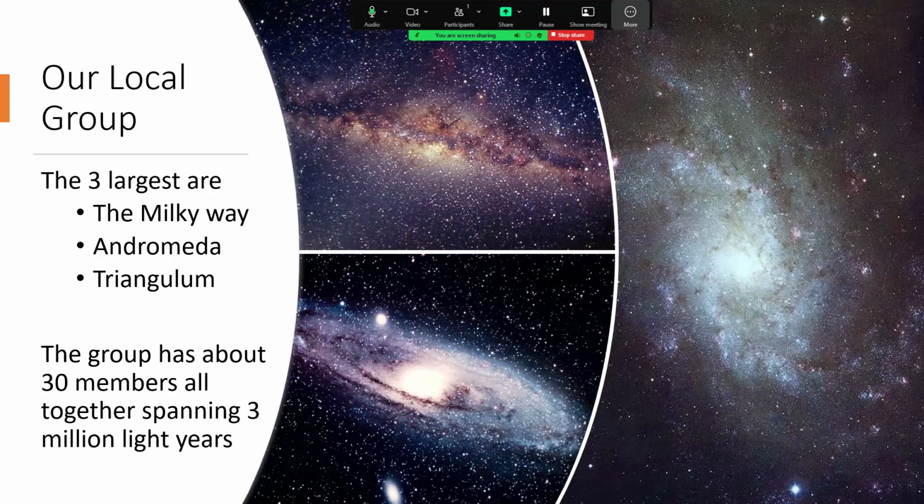So I have these main three galaxies and then a number of dwarf galaxies that are in orbit around the individual ones or just floating around in the group. You can see that the Andromeda Galaxy has a couple of little dwarf galaxies associated with it there.